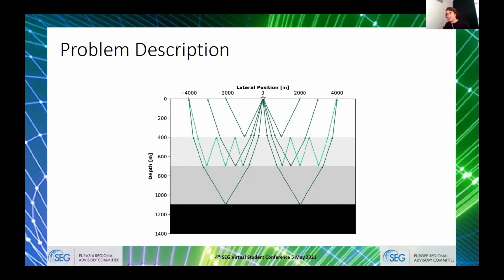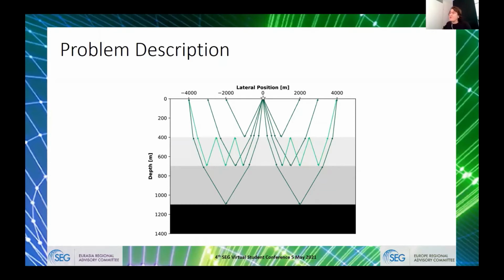You want to really see the primary response from your reflectors, but because of these multiples, you might not be able to see all the reflectors accurately. You might actually think there is an additional one because of these multiples and so on. And this is actually where the Marchenko method comes in.